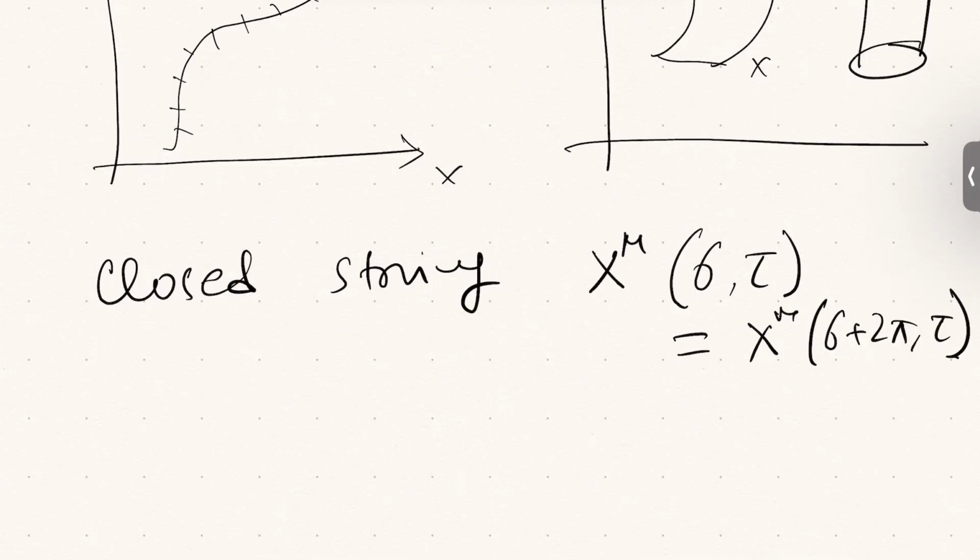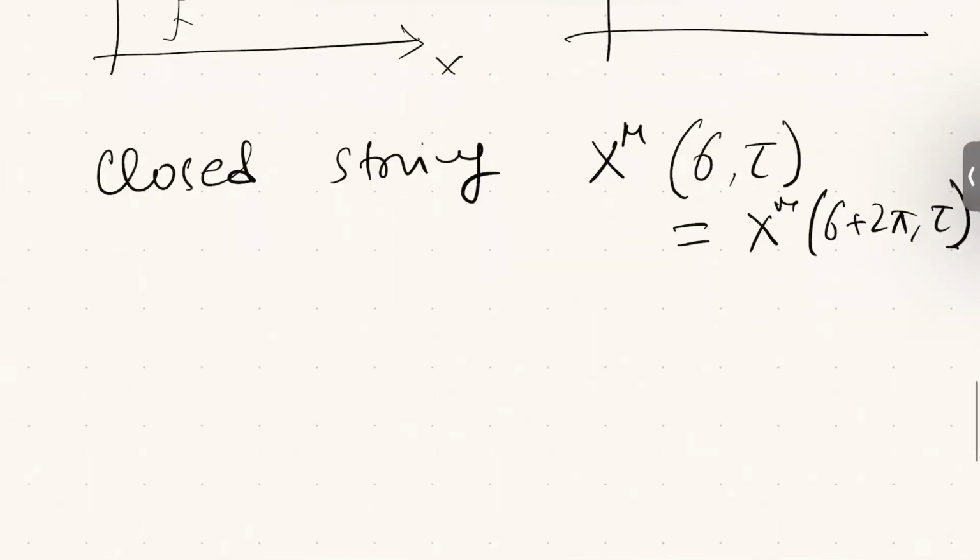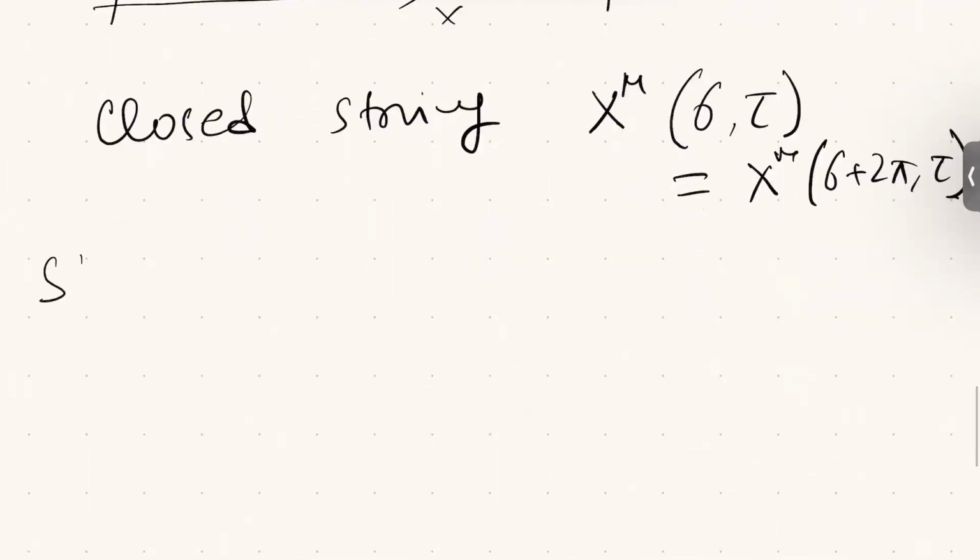Okay, so this is the boundary condition for a closed string. Cool. And basically, whenever you open a string theory book, there are two chapters basically.